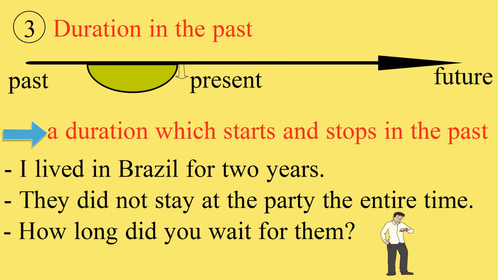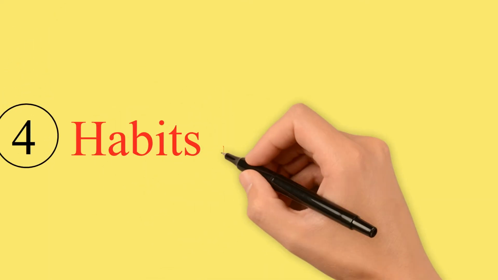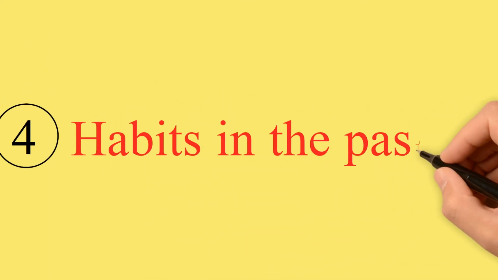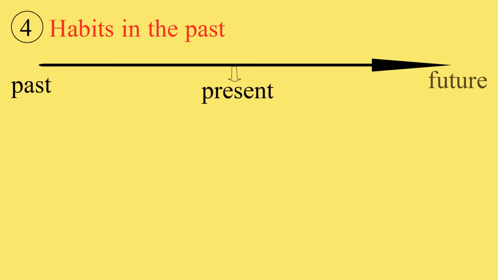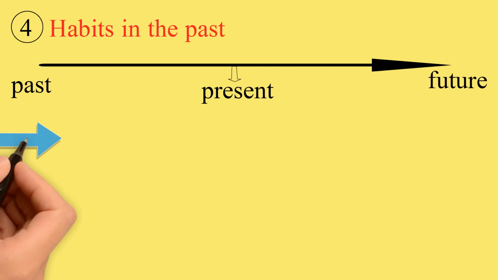Use 4. Habits in the past. The simple past can also be used to describe a habit which stopped in the past. It can have the same meaning as used to.